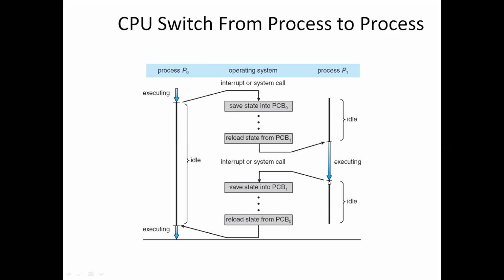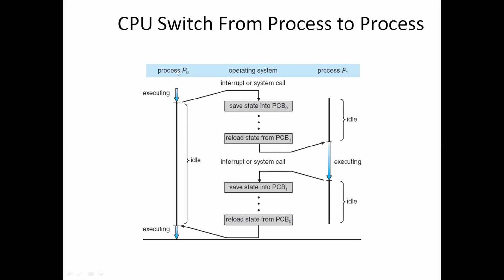Then by seeing the saved information, it will go back and continue execution from the point where it left. In this way the CPU switches from one process to another process. Before shifting, the process which was currently running must have its information saved to the process control block of that process.